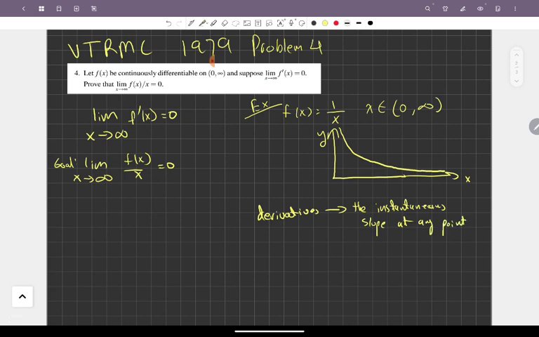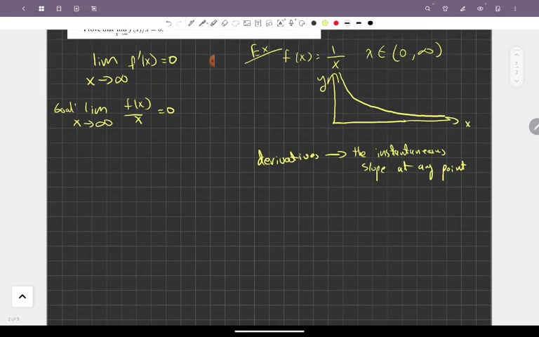So I basically know that as x approaches infinity, my derivative approaches 0. That means that the rate of change of my function approaches 0. So if the rate of change of my function is 0, essentially I'm approaching a constant value.